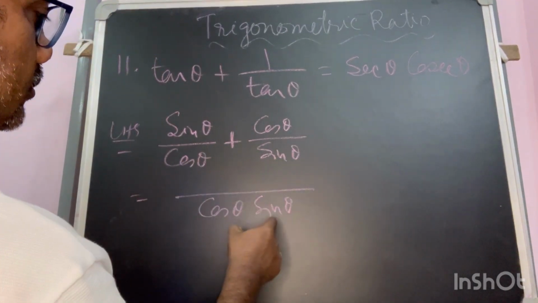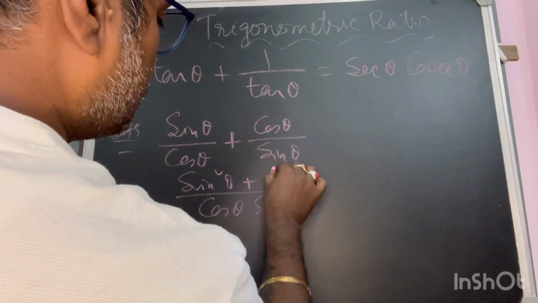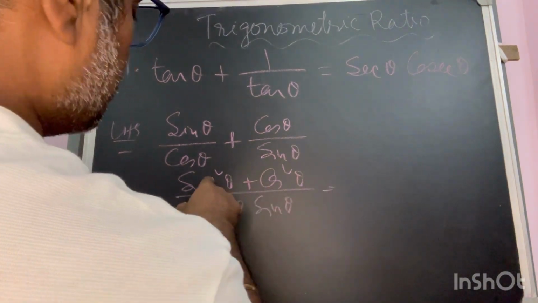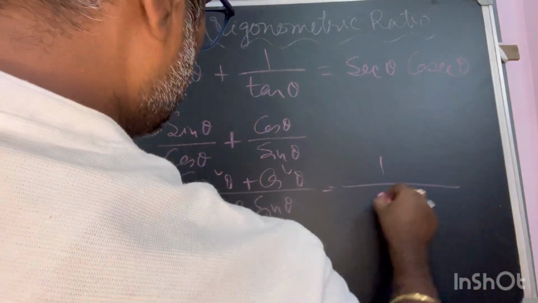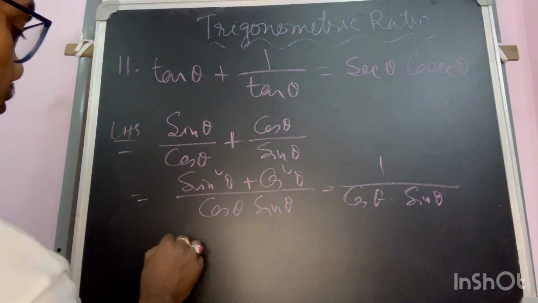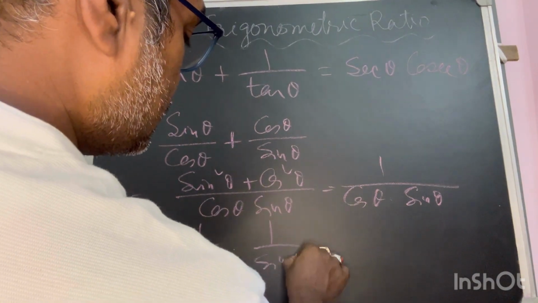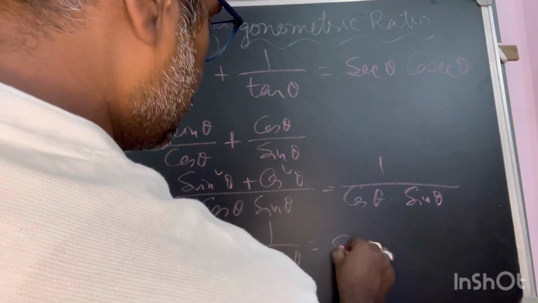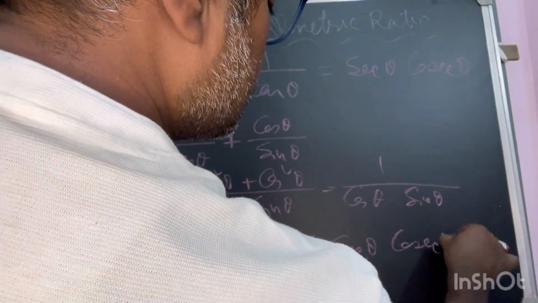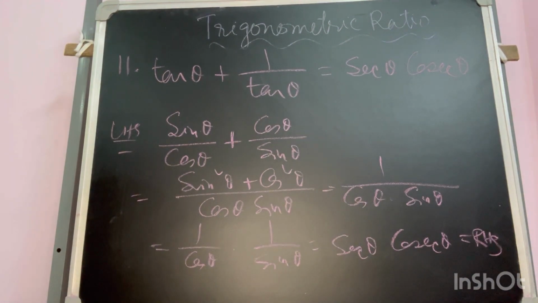Here sin will be squared, and the same way cos will be squared. So what is that? Sin square theta plus cos square theta is equal to 1, divided by cos theta into sin theta. So that is equal to 1 by cos theta into 1 by sin theta. 1 by cos theta is equal to sec theta, and 1 by sin theta is equal to cosec theta. So here is your right hand side. Okay.